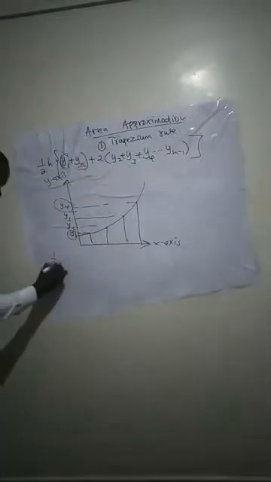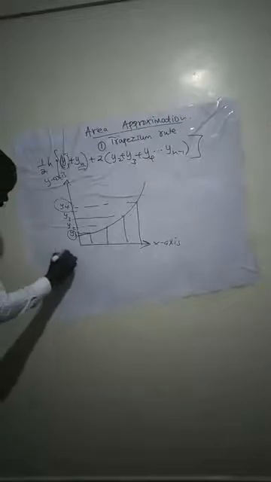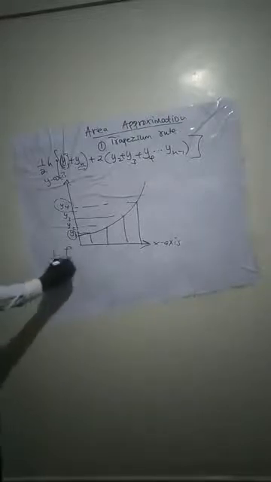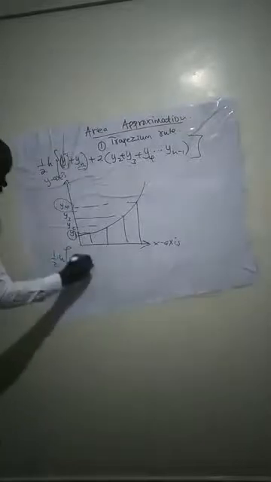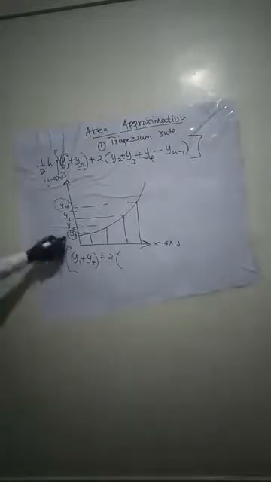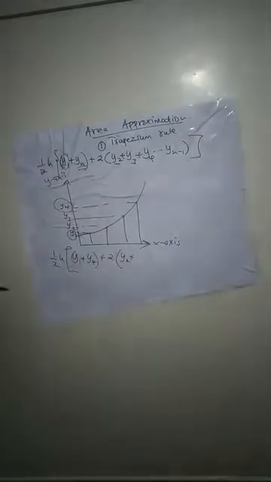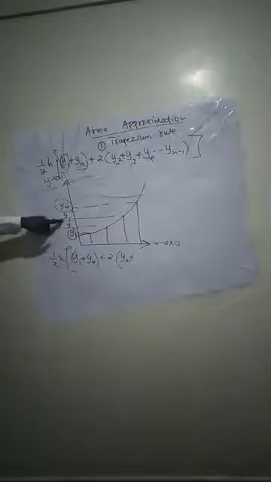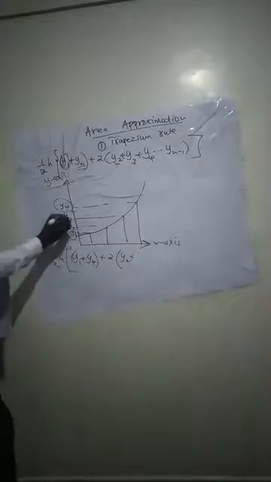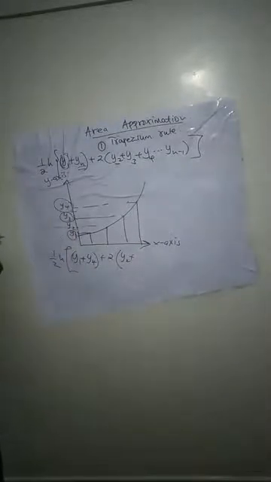So in the formula, it's 1 over 2 h, (y1 plus yn), where yn is the last value, which is y4, plus 2 into, now you proceed on to y2 as it is here, y2 plus y3. But notice that in this case, our y3 is the last value of y we are going to consider. Why? Because we already considered the last one.